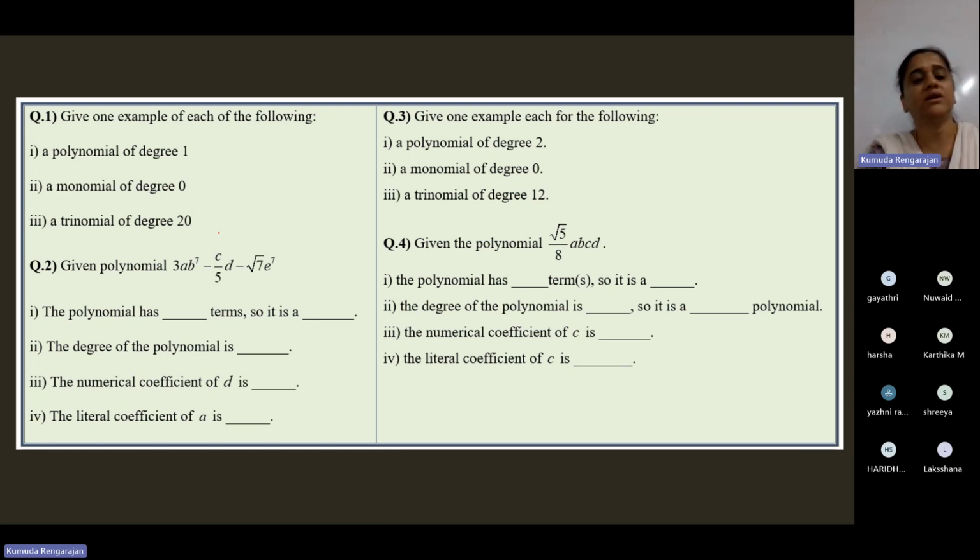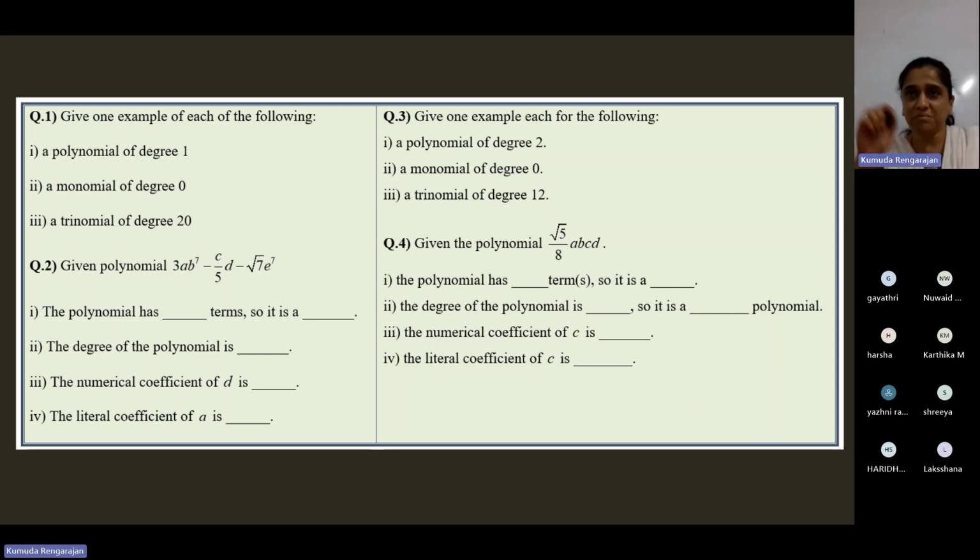All right. Then a trinomial of degree 20. That's only a binomial. 110 plus 300 is 410.